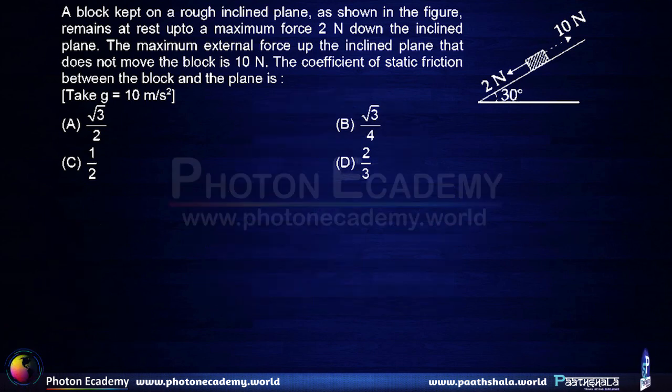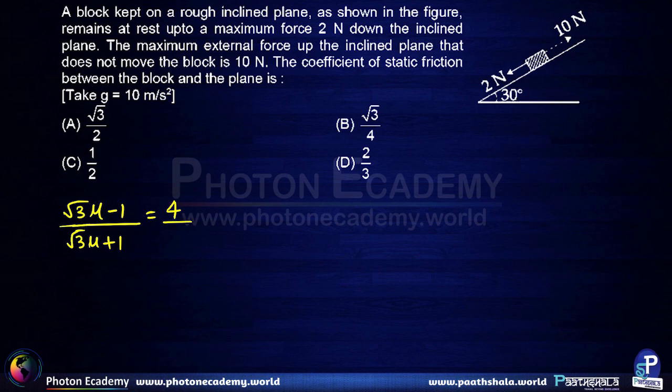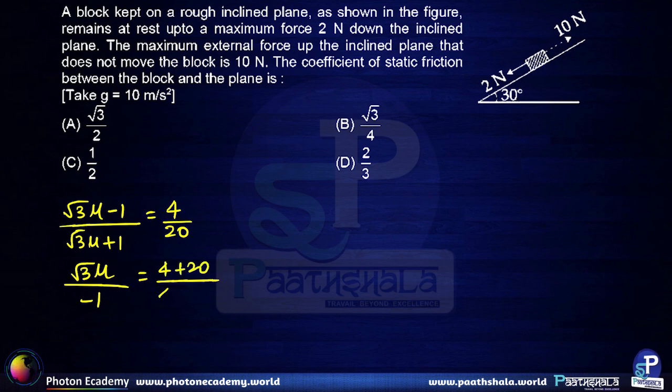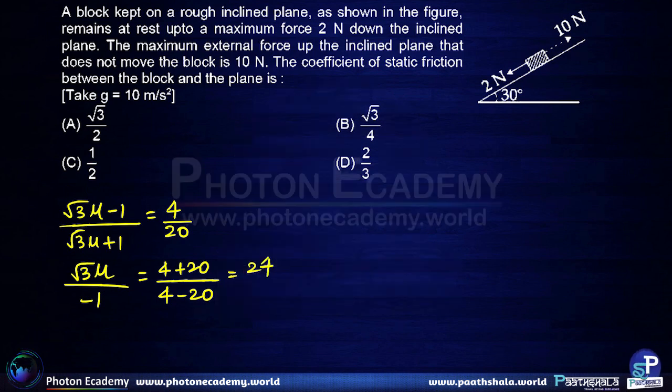Dividing equation 1 by equation 2, we get (root 3 mu minus 1) upon (root 3 mu plus 1) equals 4 by 20. Applying componendo dividendo, we get root 3 mu upon minus 1 equals 4 plus 20 upon 4 minus 20, which is 24 upon minus 16.